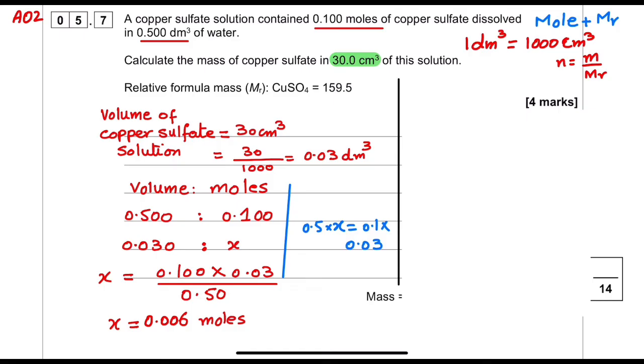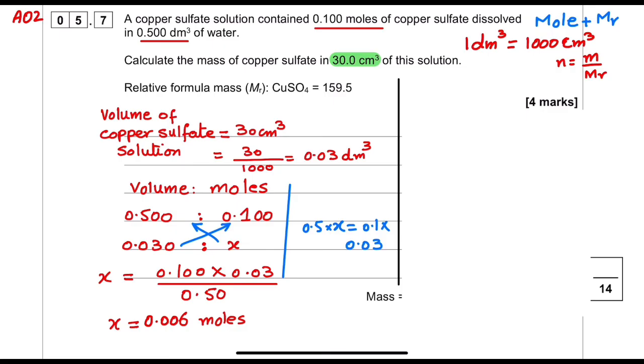We will use the ratio method, so it will be very easy to find the number of moles. By using the method, X times 0.5 equals 0.03 times 0.1. The 0.5 goes to the other side of the equality and divides.